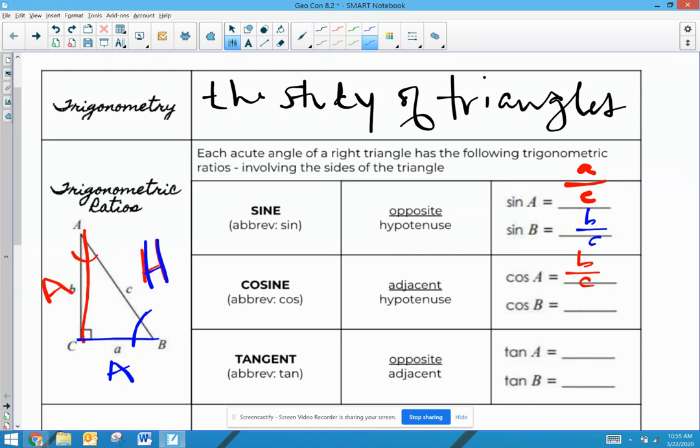So the cosine of angle B is going to be side A over side C. Perhaps you notice something here. You can draw your own conclusion there, but you should be looking at that and asking yourself questions like, what do I notice? What do I wonder?